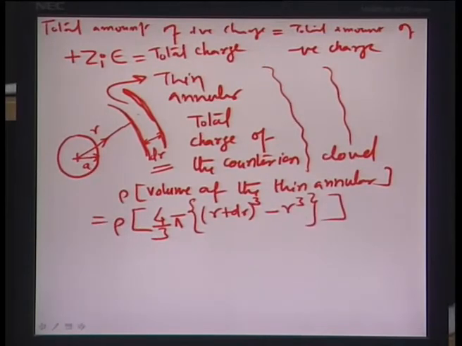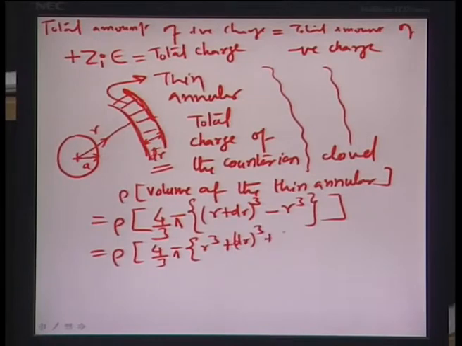We assume that we are trying to calculate the volume of this thin annular here. So, the radius vector all the way up to here is r plus dr, and here it is r, and so essentially you are trying to create a volume difference. So, let us look at what this volume would be like. Essentially 4 by 3 pi, and then we have r cube plus dr cube plus 3 r dr times (r plus dr), minus r cube.